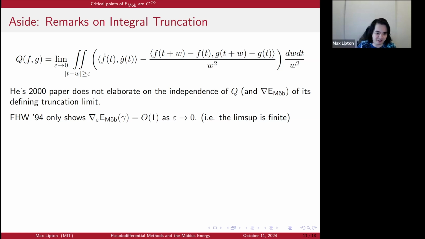And in Freedman, He, and Wang's paper in 1994, they showed that the first variations that are truncated with respect to a curve that is fixed beforehand are O of 1 as epsilon goes to 0.